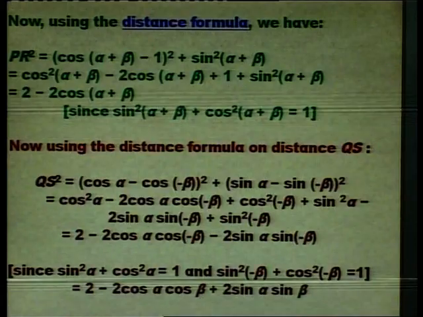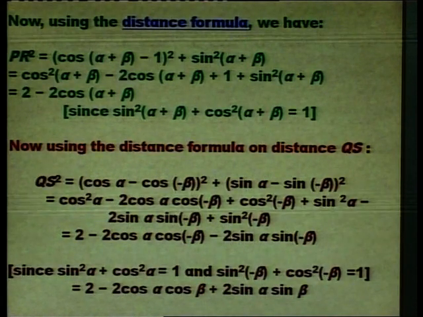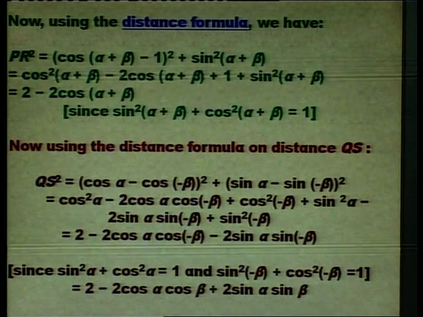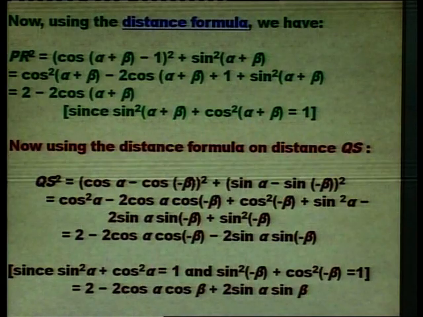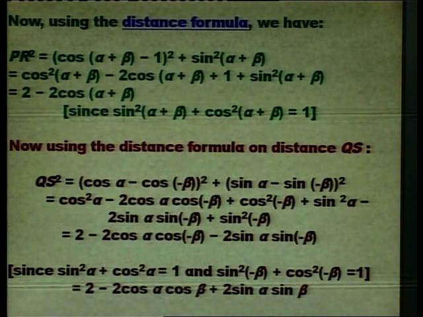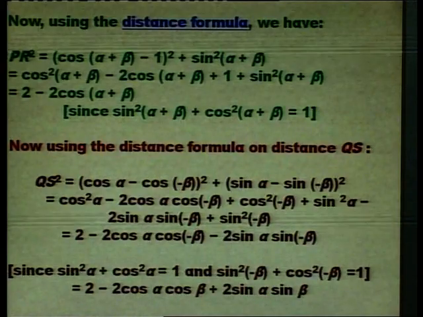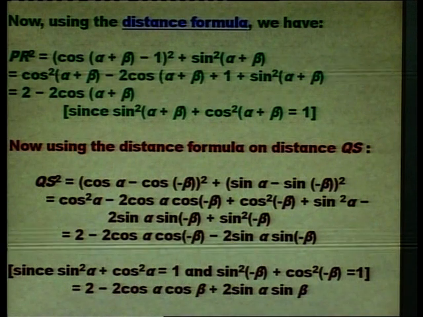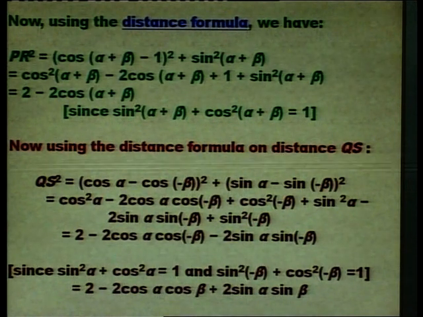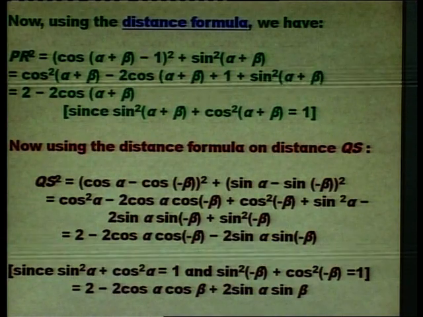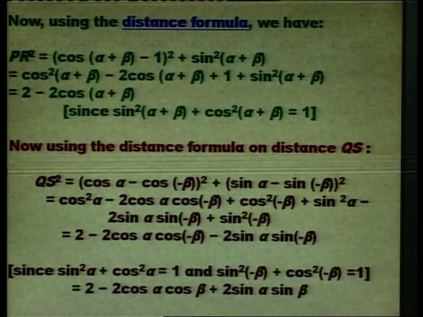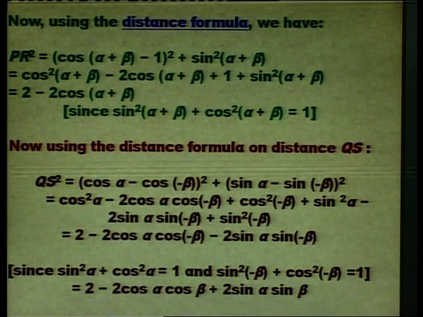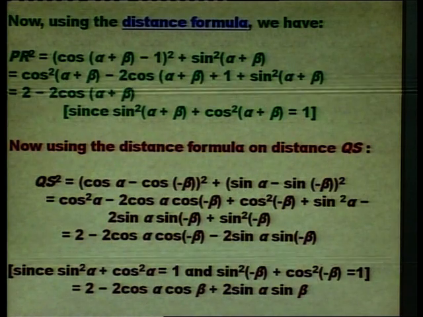Again we use the distance formula for the distance QS. I am taking QS square, which is cos of alpha minus cos of minus beta whole square plus sin alpha minus sin of minus beta whole square. Once again I apply the formula a minus b whole square. So, this will be cos square alpha minus 2 cos alpha cos of minus beta plus cos square minus beta.